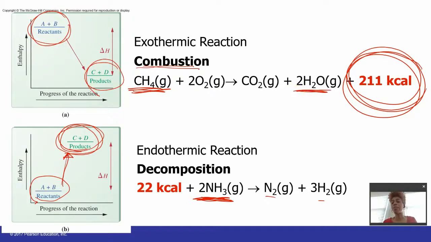Notice water is not reactive, and neither is carbon dioxide, right? So those have less potential to react. And the difference between our potential energy between our products and reactants is going to be our delta H.